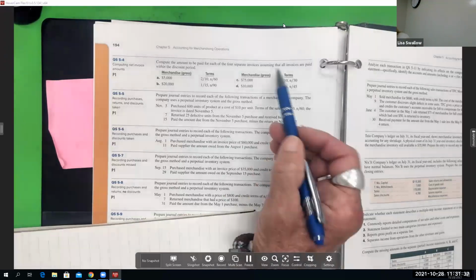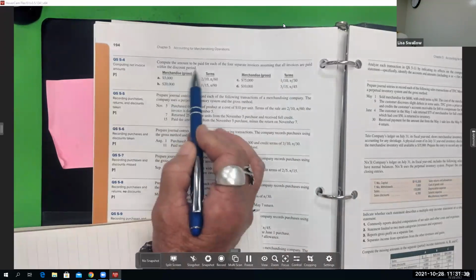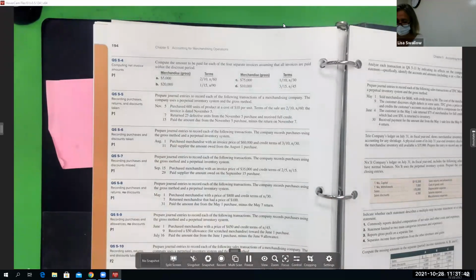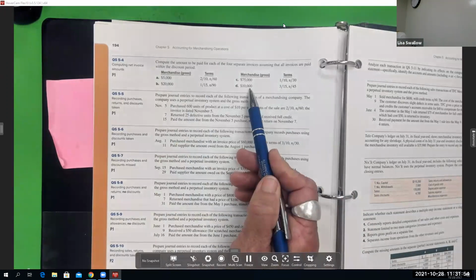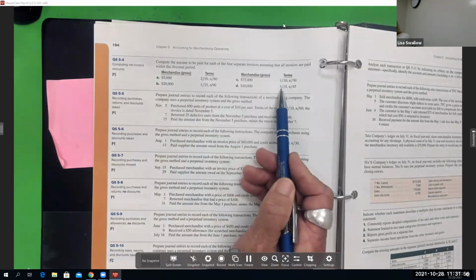I did. These are all assuming that they are paid within the discount period. Yep, 74,250. And this one I paid within the discount period. I probably paid $9,700, correct?